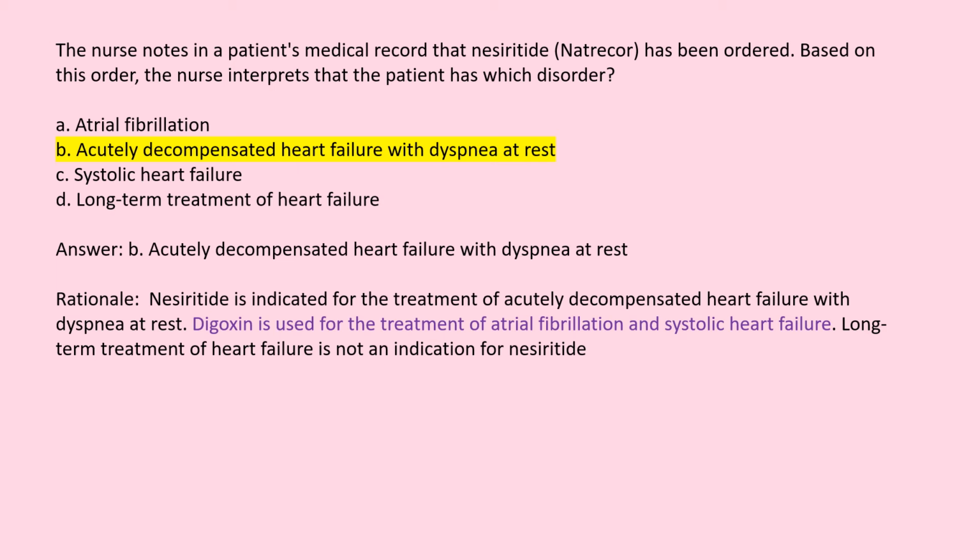Answer: B. Acutely decompensated heart failure with dyspnea at rest. Rationale: nesiritide is indicated for the treatment of acutely decompensated heart failure with dyspnea at rest. Digoxin is used for the treatment of atrial fibrillation and systolic heart failure. Long-term treatment of heart failure is not an indication for nesiritide.